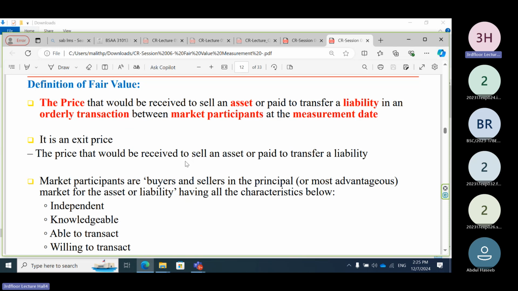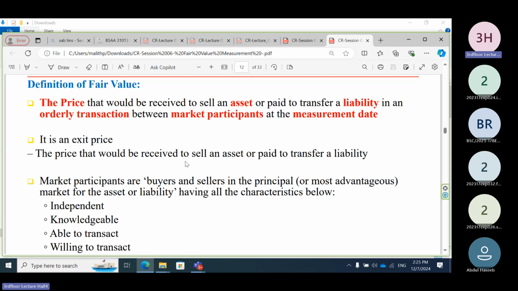Each and every word, you should have a definition evaluation. The price that would be received to sell an asset or paid to transfer a liability in an orderly transaction between market participants at the measurement date. Now we are going to discuss each and every word. This is a definition you should know, like your name, like your surname.